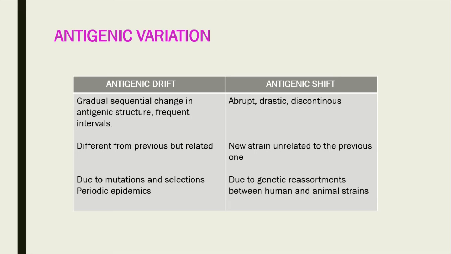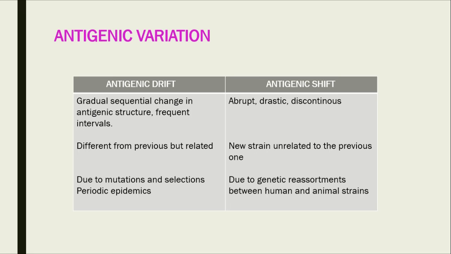If you talk about antigenic drift, it's a gradual sequential change in antigenic structure which happens at frequent intervals. That's quite predictable. We know that yes, this can happen within 10 years or 5 years. That's a gradual change. If you constantly observe this virus, we'll have an idea of what the next combination will be.